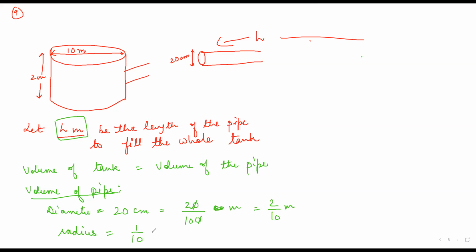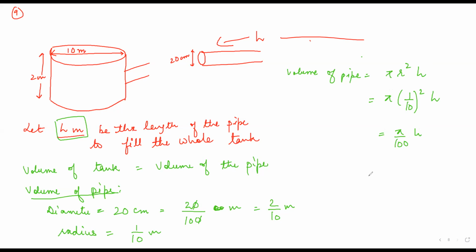So it is 1 by 10 meter. So that's the radius of the pipe. Okay. So the volume of pipe, the formula is pi r square into h, and I have assumed it a small h. So leave it pi, and then radius is 1 upon 10 whole square, and h I don't know. So it is pi by 100 into h.